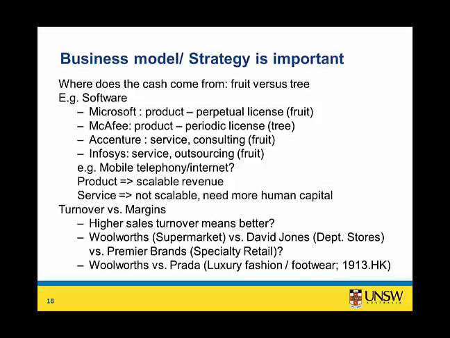So Microsoft has tended in the past to have a product, and once you purchased the software product, you had a perpetual license. So you had it for an unlimited period of time. We can compare that to the fruit of a tree in terms of that product is not going to generate any more revenue. So it is an end product.